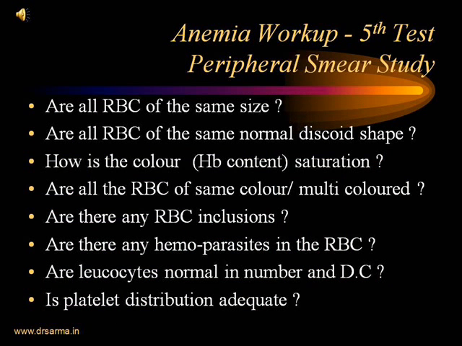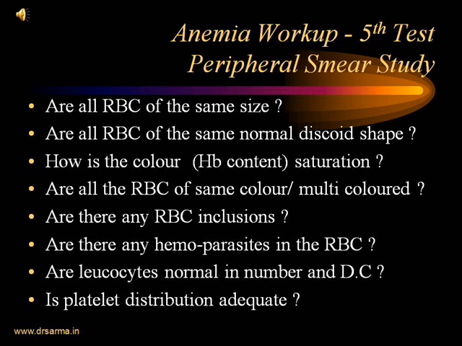Okay? So, in the workup, we have come to the fifth test. The first test being hemoglobin, RBC count and hematocrit. The second one being the reticulocyte count and deriving the RPI. The third one is the MCV, and based on the MCV, classify whether it is microcytic, normocytic or macrocytic.